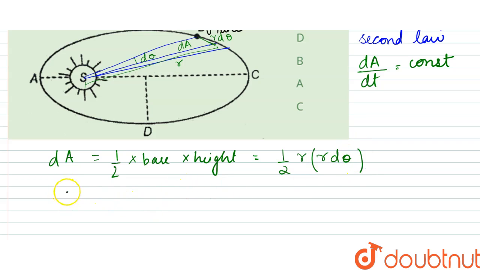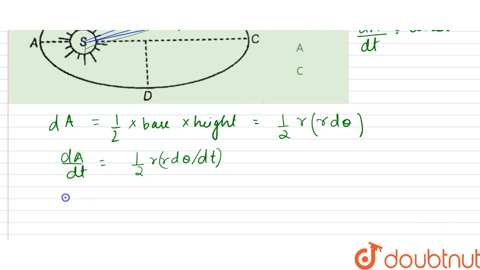So dA by dt, when we differentiate with respect to dt, becomes half r into r d theta by dt. That would be the final equation.